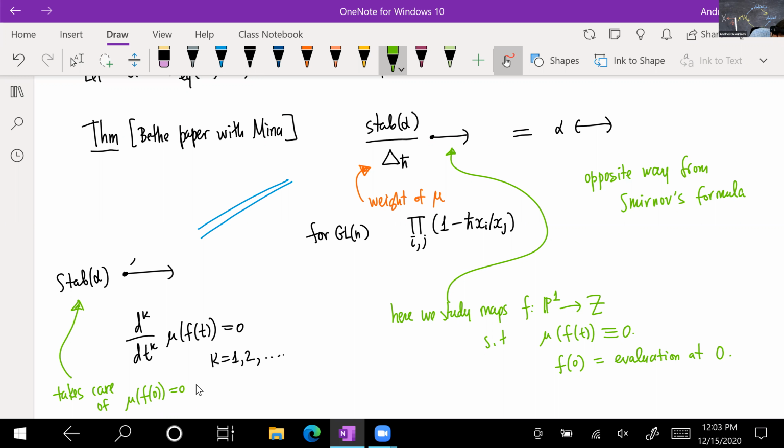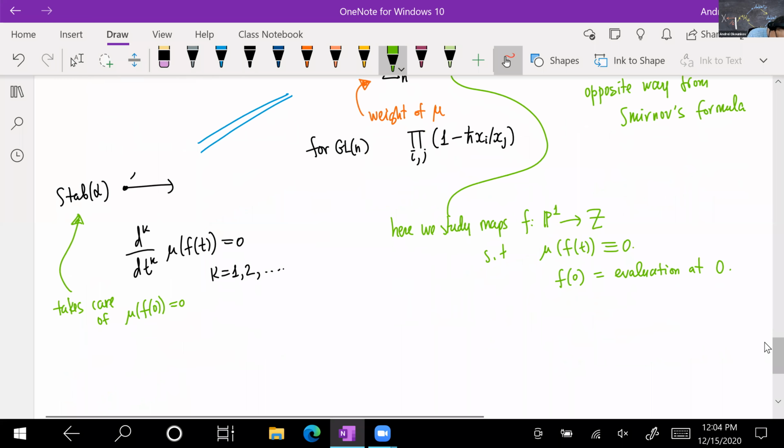You don't need to impose this condition. Does that make sense? In other words, if you write the localization formula, this denominator cancels with the corresponding numerator in the localization formula.